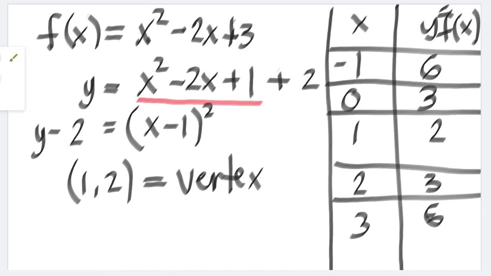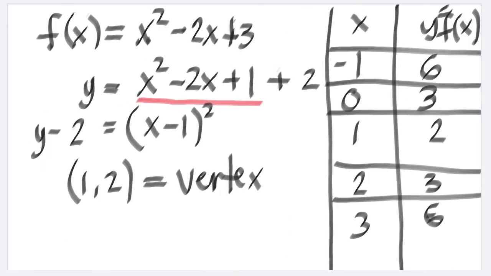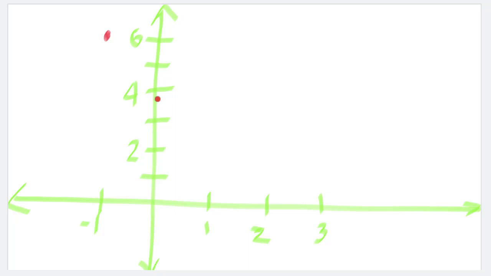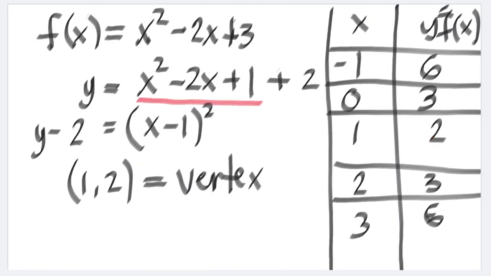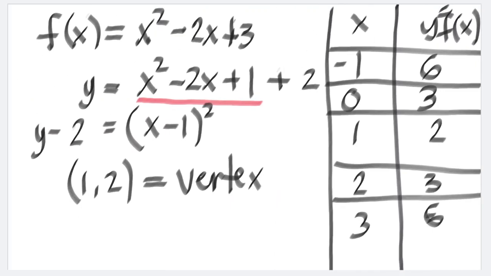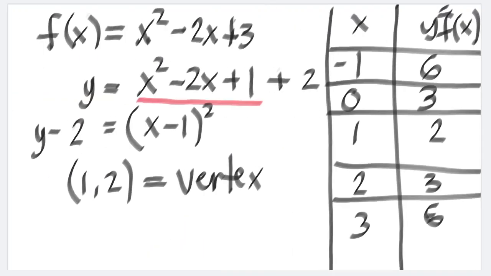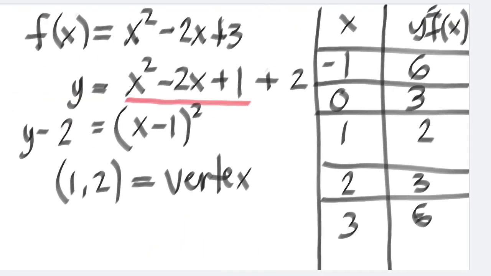So our first coordinate is negative 1, 6, this one. Our second coordinate is 0, 3. Our third coordinate 1, 2. The fourth coordinate 2, 3, and fifth coordinate 3, 6.